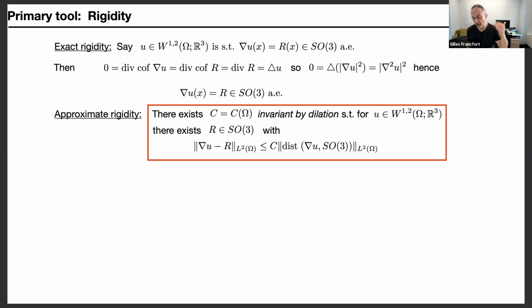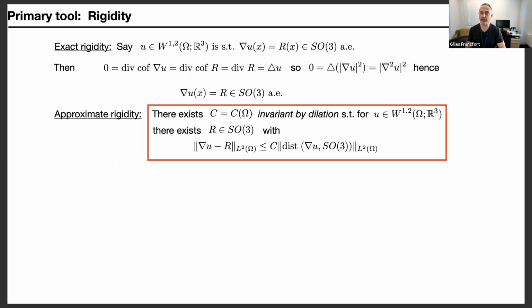The theorem that was originally proved by Friesecke-James-Müller, and then there were many extensions, is an L2 type theorem. It tells you that if you're close to a rotation in L2 norm, you're close to a fixed rotation in L2 norm, but it's not one, as you see on the slide.